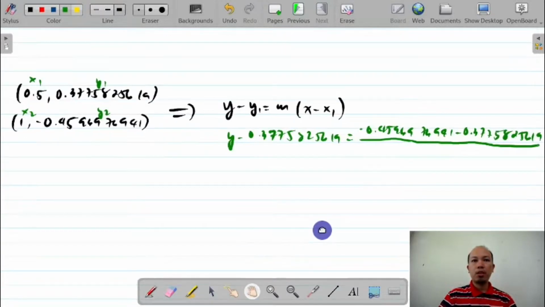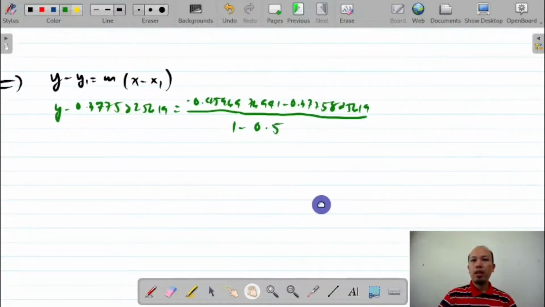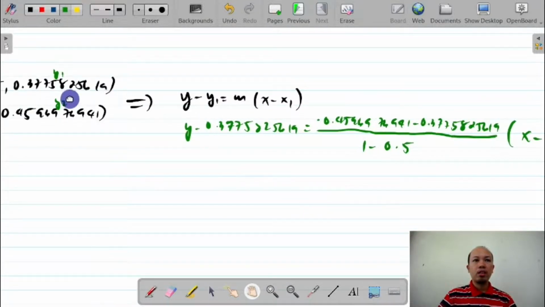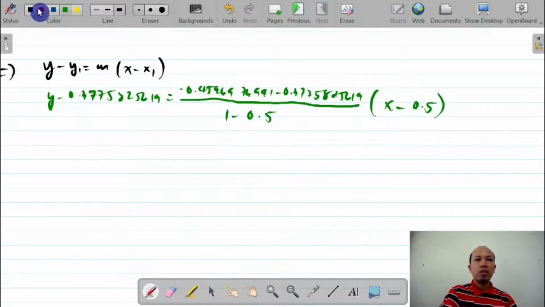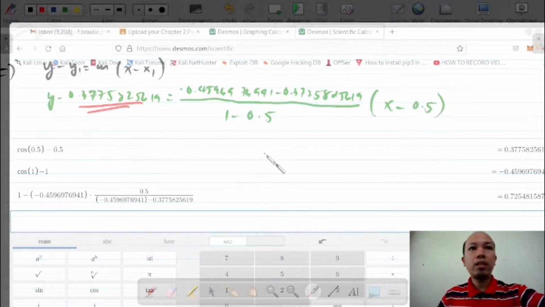Our x sub 2 is 1 minus 0.5. And here we have x minus x sub 1. X sub 1 is 0.5. Okay, this one here, 0.5. So in plotting, you have to transpose y sub 1 to the left side.